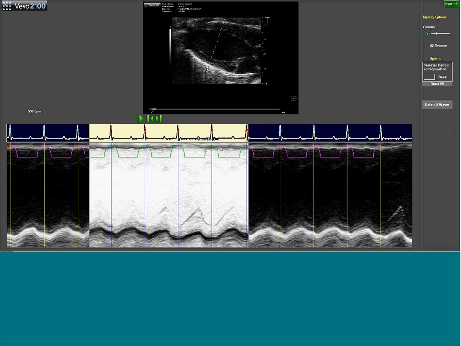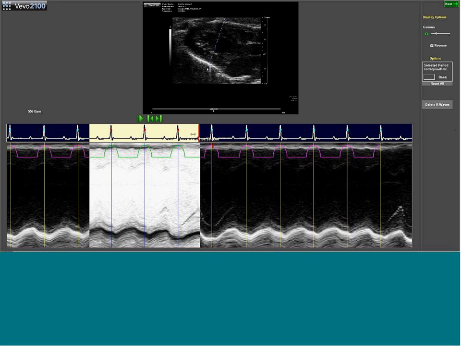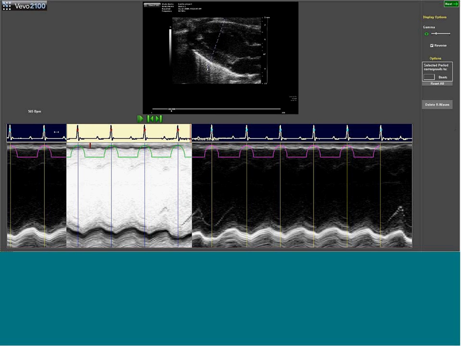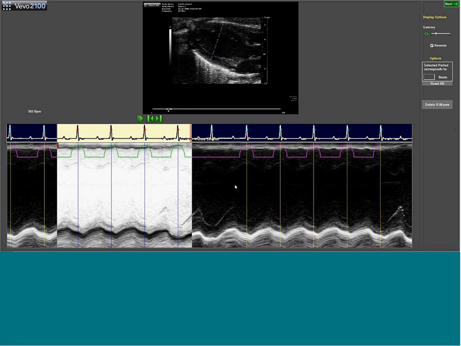So when you drop this anatomical M mode line down, you get this panel across here. Now you can select the segments, the cycles that you actually want to use. We can move this slider and take these few cycles here. If you're doing freehand scanning and you don't have the ECG, the R waves may or may not be detected. You can actually delete the R waves.